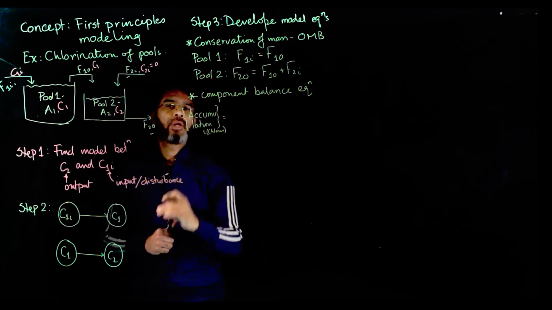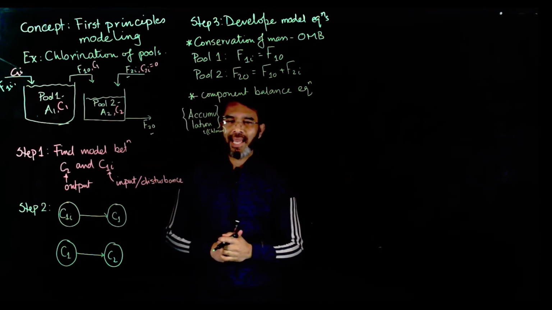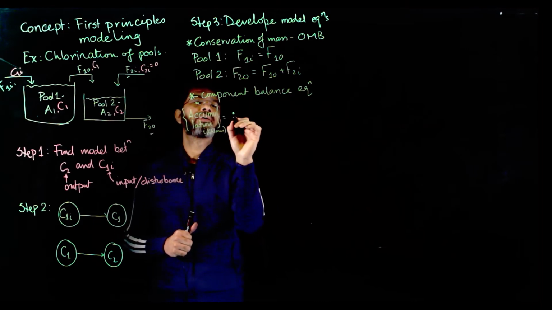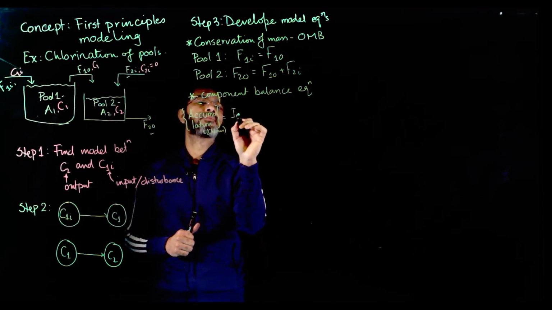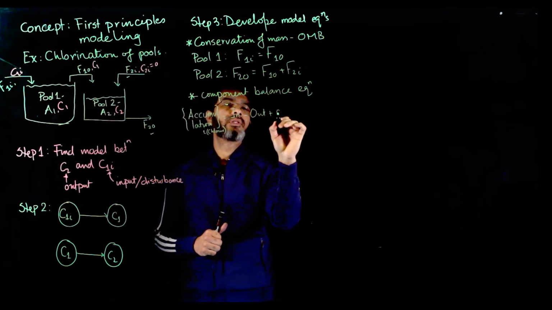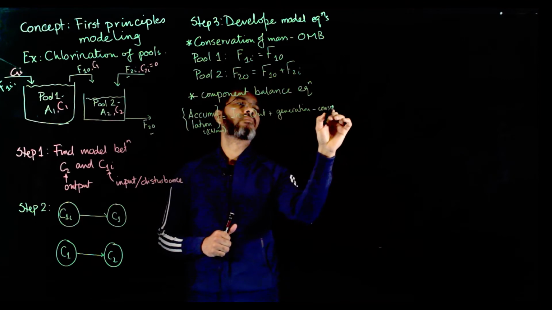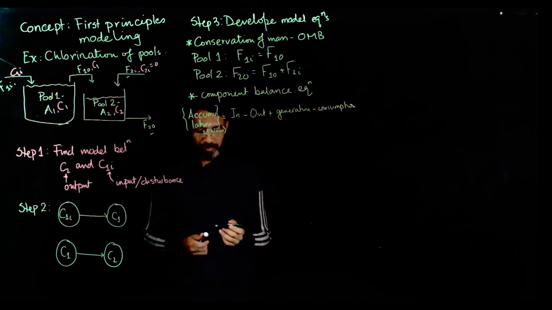So when I write accumulation, read it as rate of accumulation of chlorine in tank equals in, out, generation, consumption.